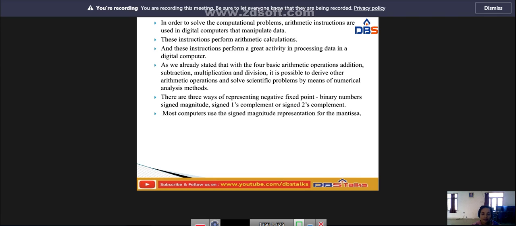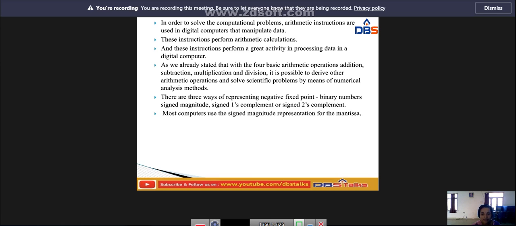There are three ways of representing the negative fixed point. A processor has an arithmetic processor that executes the arithmetic operations. The data types are assumed to reside in processor registers during the execution of arithmetic instructions.